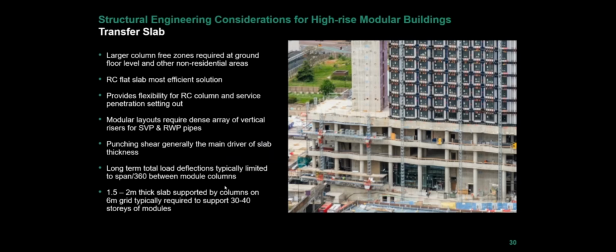Generally, what we find for these very tall buildings, if you're at a 6 meter grid or so of columns, is that punching shear is the main driver. It's not deflections, and generally not bending moments in the slabs. It's pure punching shear. And when you've got a slab 2 meters thick, your punching shear perimeters at 2.5d from the column faces overlap, so you end up pretty much with a full flat slab in most cases anyway.